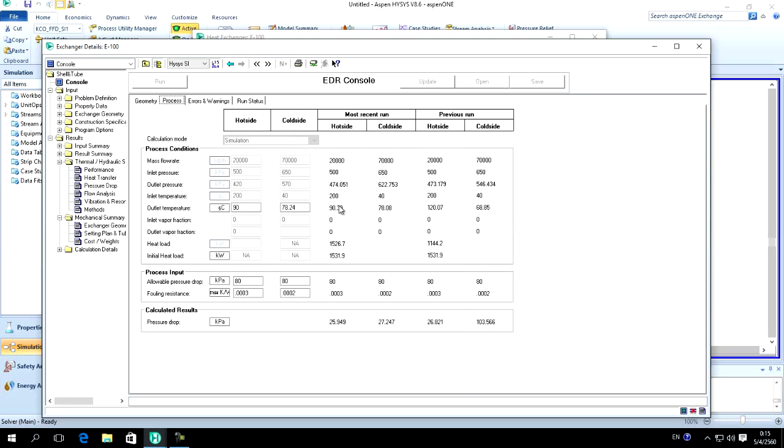The calculation error is about 0.5%, which would be acceptable.